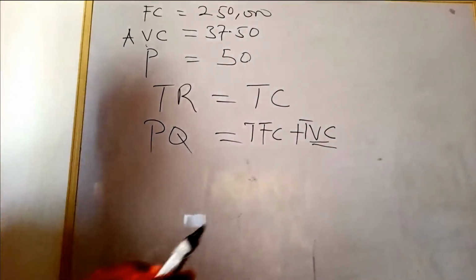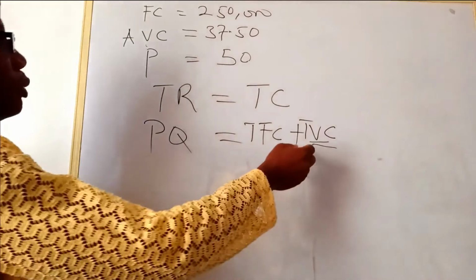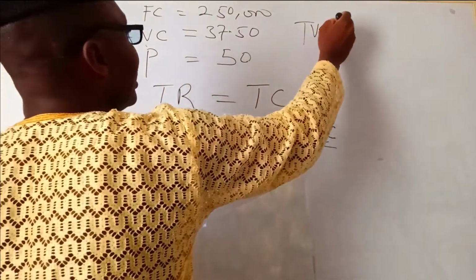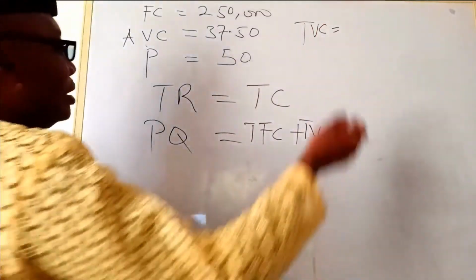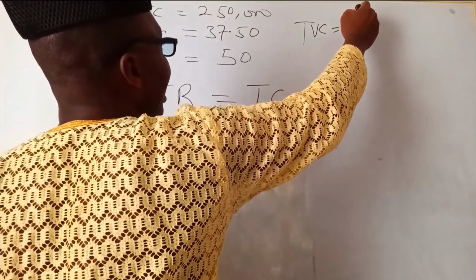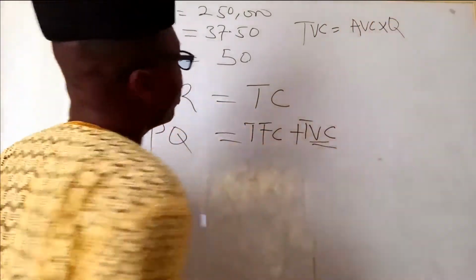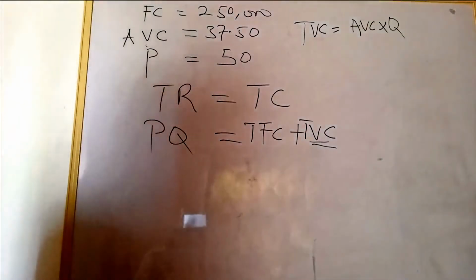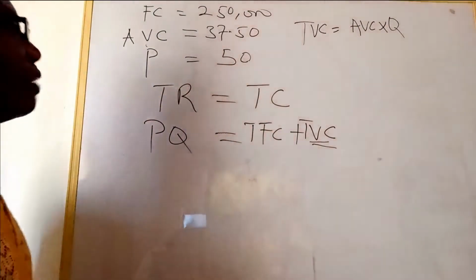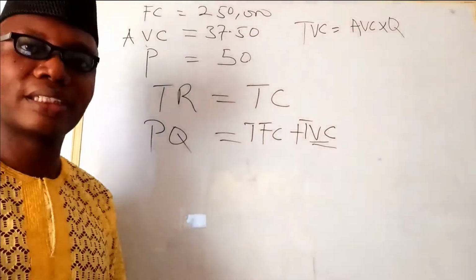Remember, we said that total variable cost is the same thing as average variable cost times Q. That's what total variable cost is.